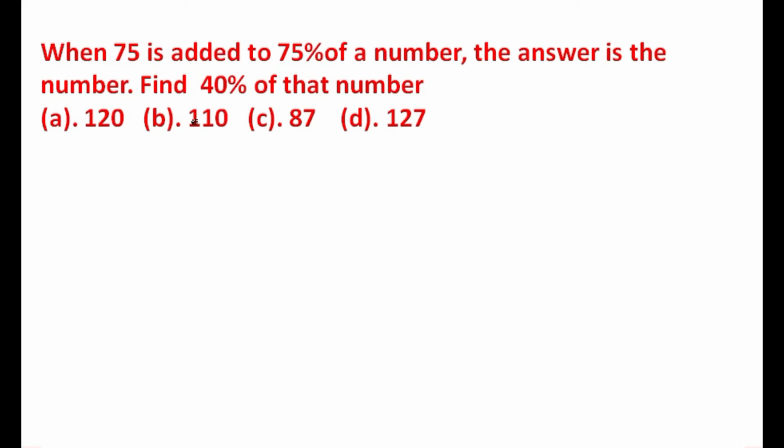In all the previous questions it was asking just the number, but here it is asking 40% of that number. So here I'll assume that the number be x. We can take it as 100 also, but I'll assume it as x. Here it is written in the question, when 75 is added to 75%.